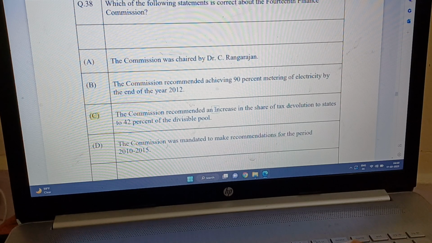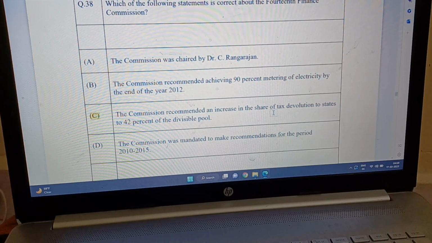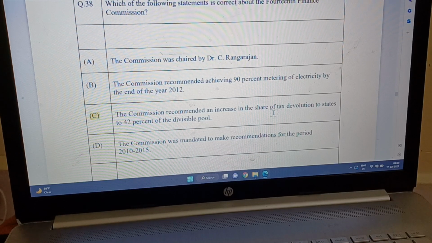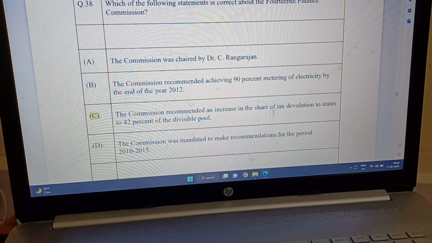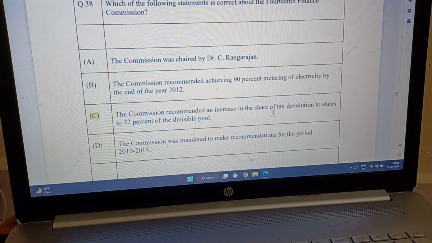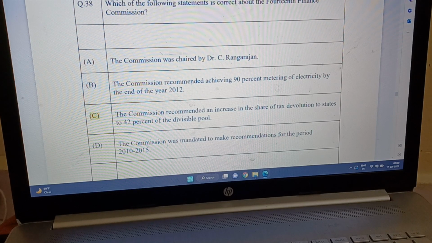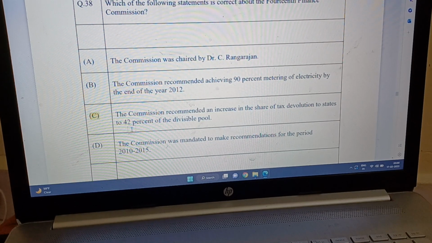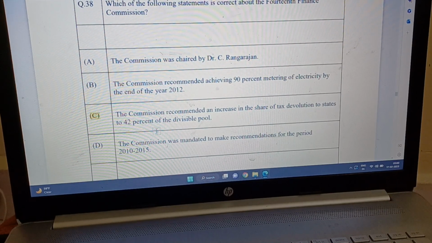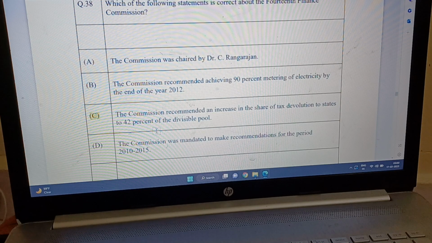Because when the finance commission recommends, it is a constitutional body and it has legal status. Even though parliament doesn't pass it, if the government accepts it, then the government is bound to follow its recommendations. So actually Y.V. Reddy had recommended that this share of states be increased to 42% of the divisible pool.